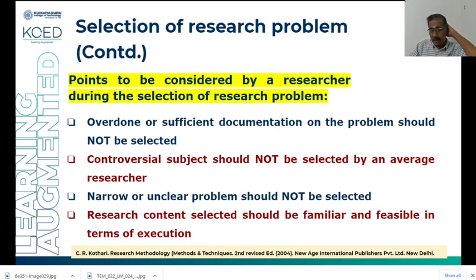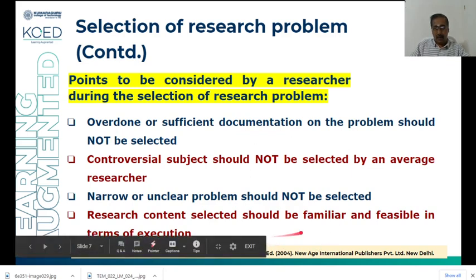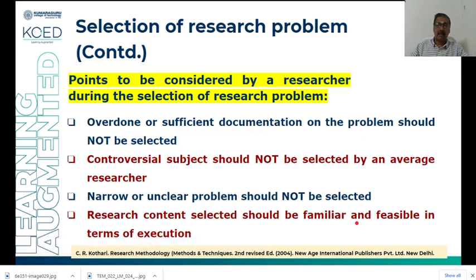A very clear methodology should be available. Spectroscopic analysis, gravimetric analysis, or some universally accepted analysis should be available for the selected problem. So the content should be very familiar, and it should be feasible in terms of execution.